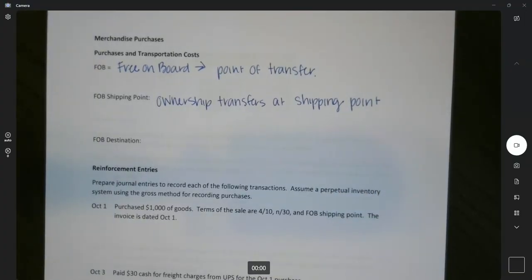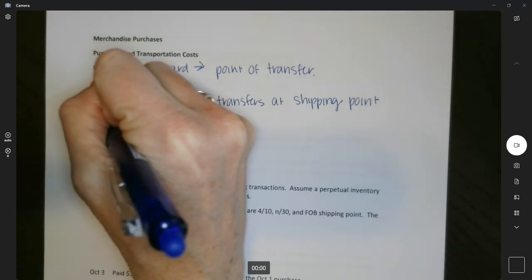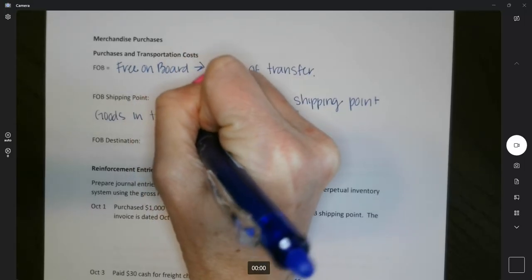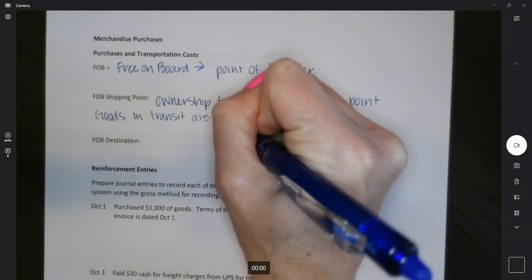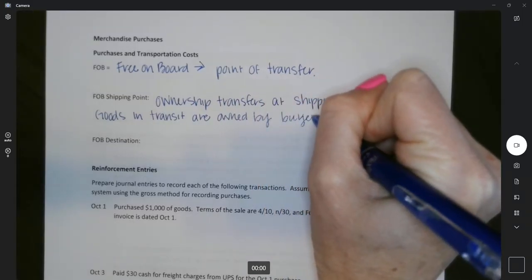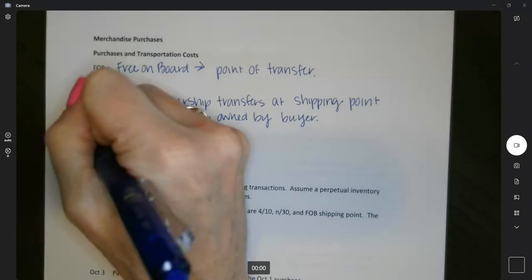If that's the case, the goods in transit are owned by the buyer. That also means the transportation costs are paid by the buyer.